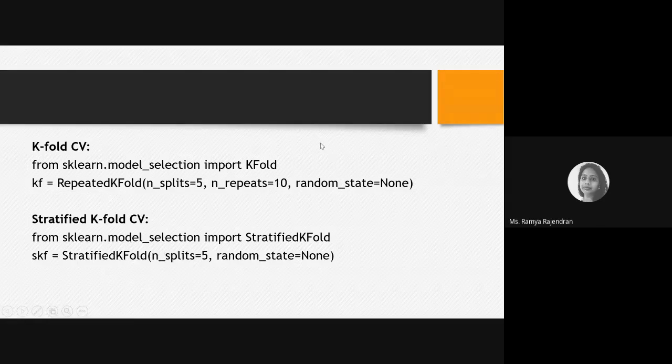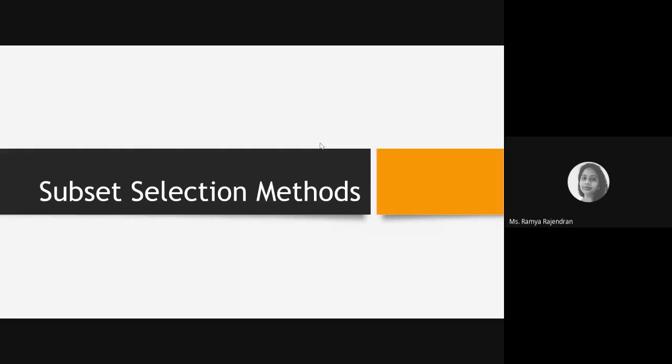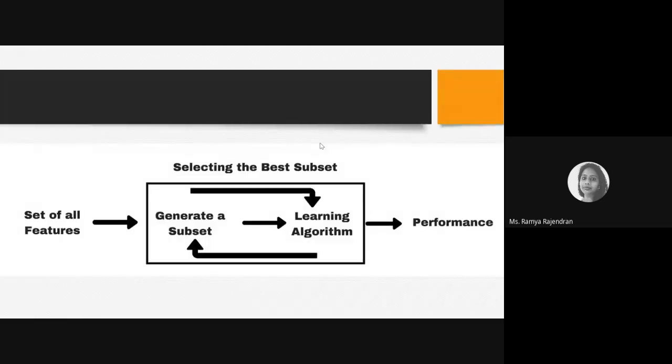So I hope you are able to understand these couple of cross validation techniques. Next is subset selection methods. Imagine you have a data set with 150 features.